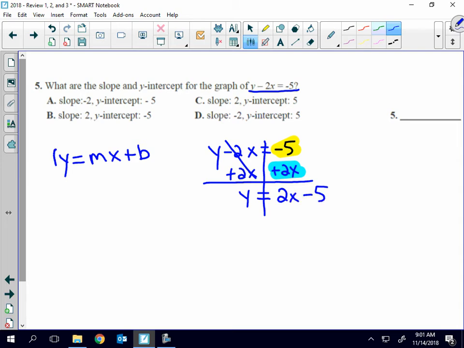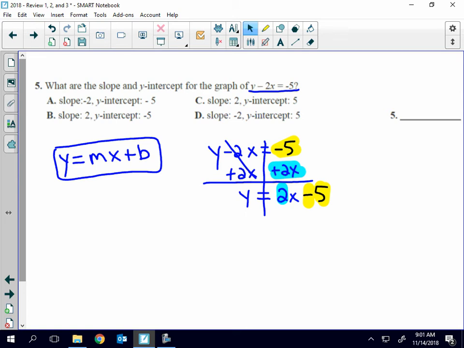Now it's in slope-intercept form, and we can read the slope and the y-intercept. Slope is the 2, and the y-intercept is the negative 5, which is answer B. Be very careful because all these answers look similar, especially on the test, so double check your work first.